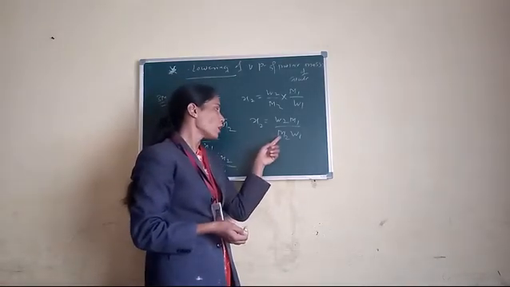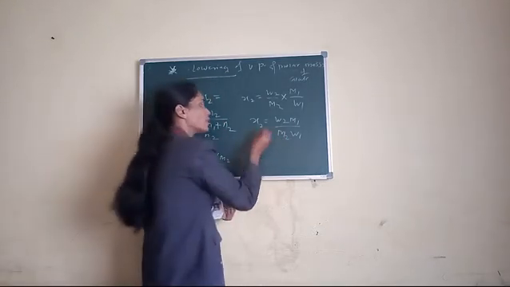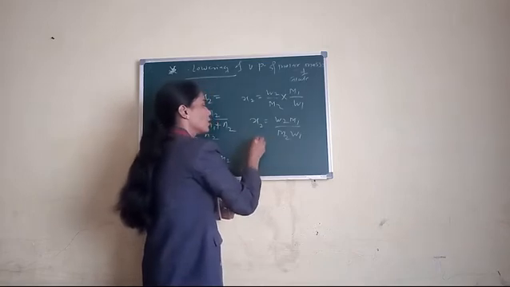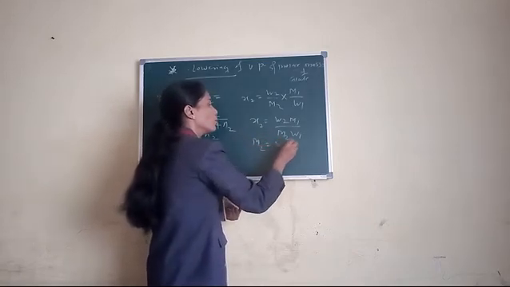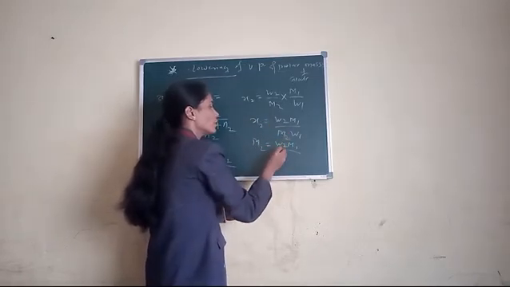To derive the formula for M2, the molar mass of solute, we get M2 is equal to W2 M1 upon X2 W1, as X2 goes to this side.